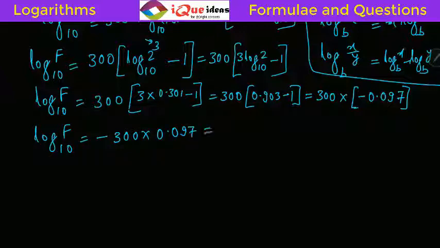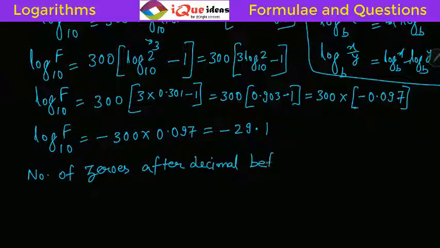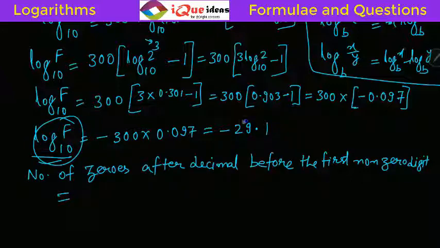So if you multiply, it will come out to be minus 29.1. Right? Now what did we say? We said that the number of zeros after the decimal before the first non-zero digit is equal to only the integer part of the log value. See, log will come negative, that we have already said. And we have to take only the integer part. So here the integer part is 29. So the answer of this question is straight away 29.